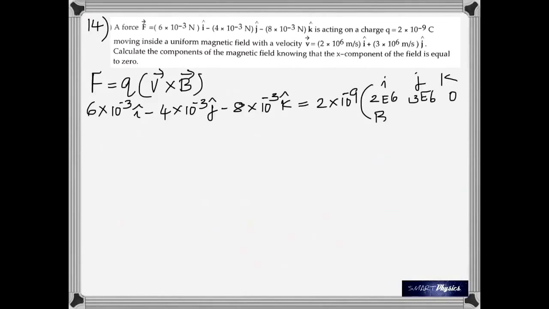And then you have the I, J, K. First you put the velocity components, that is 2 times 10 to the 6 and 3 times 10 to the 6. And it has no K component, so you have BX, BY, and BZ. Then you take the cross product.